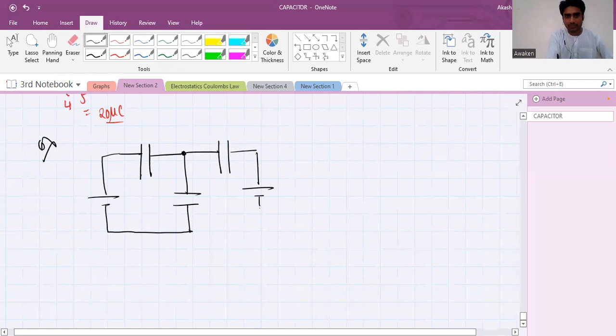Quickly write down this question. Battery 10 volt, 10 volt, 2 microfarad, 3, 5.